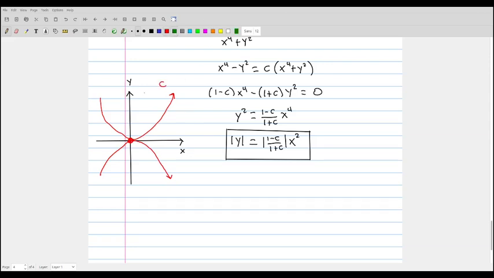And for different values of c, we'll say that this right here is c1. Say you have some other value of c. Okay, this is c2.